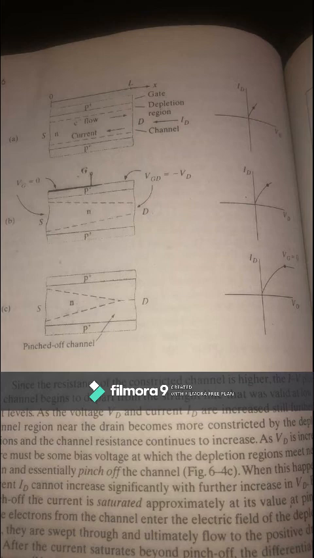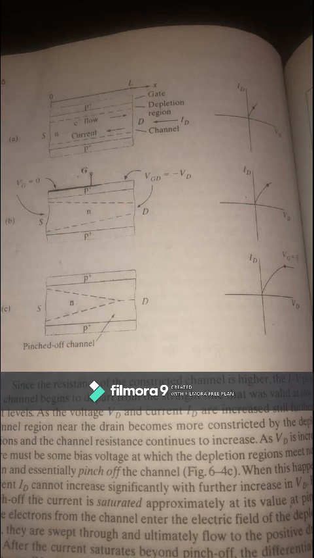That is, with further increase in drain voltage, there is no further increase in drain current. This whole procedure is explained in figure 6.4c, and this is known as the pinch-off of the channel.